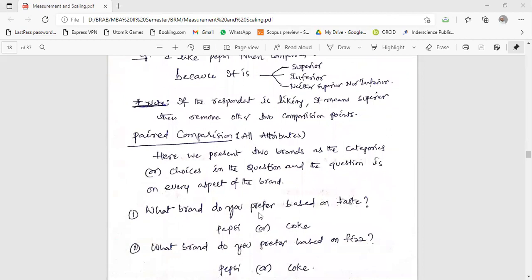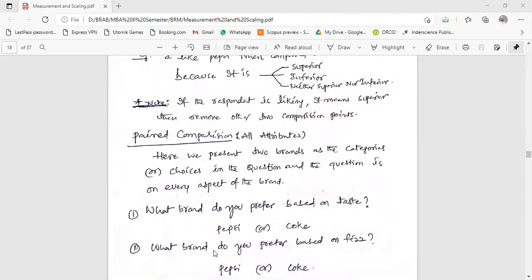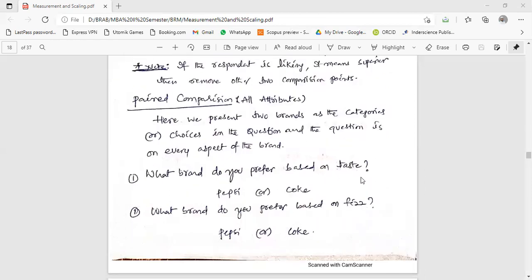Paired comparison means all the attributes will be given. Here only one attribute we are giving, but there all attributes we will give. Here we present two brands as the categories or choices in the question, and the question is on every aspect of the brand, not only on taste, not only on the packing. It should be on all the characteristics of the brand. For example, what brand do you prefer based on taste?